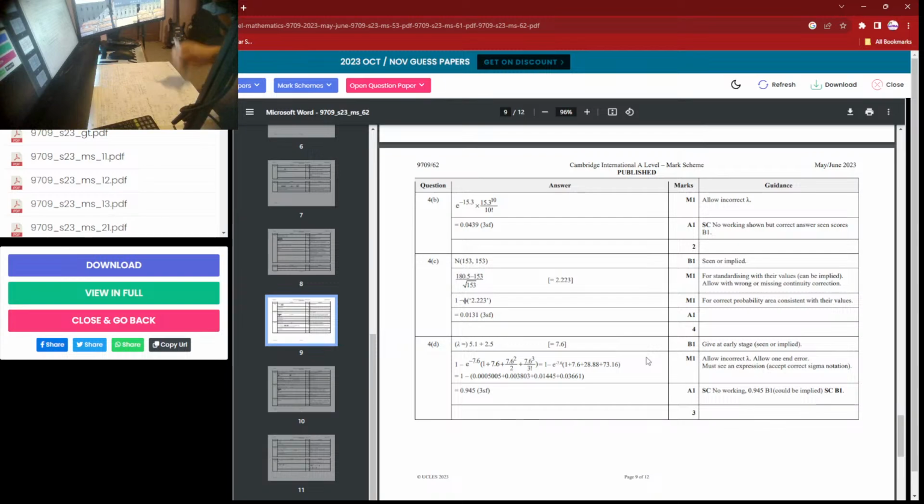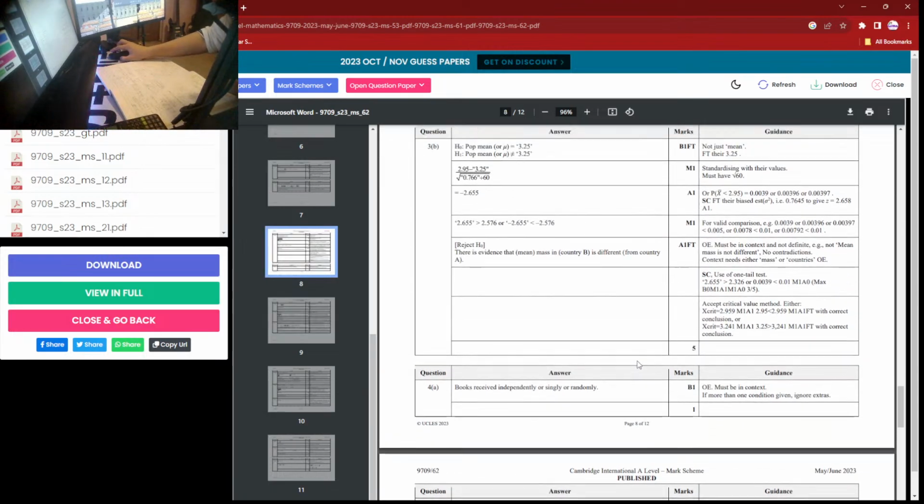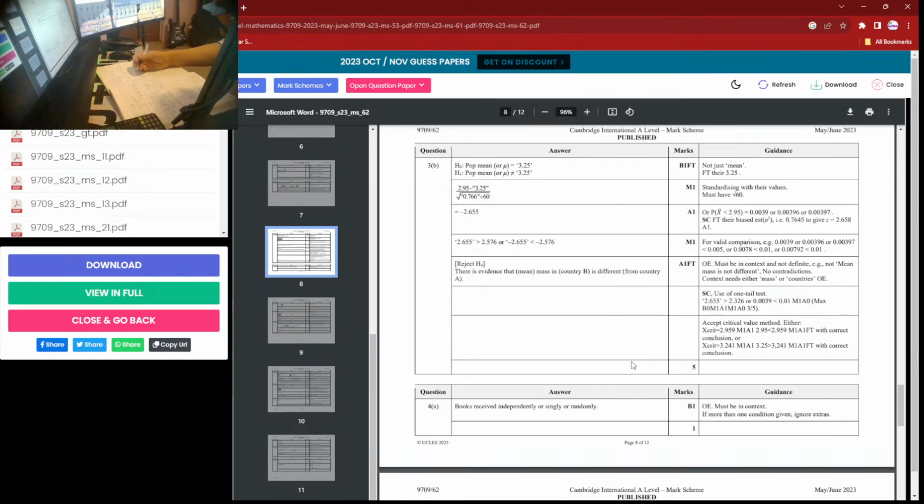This one 0.945. And for C you have 0.0131. 0.0429, okay, for A was received independently or singly or randomly.